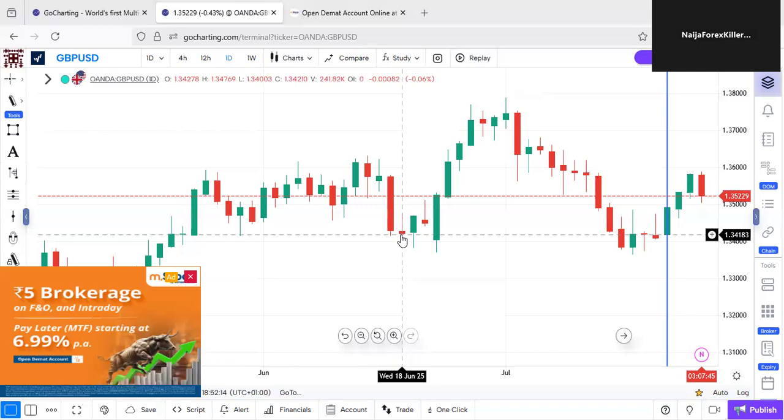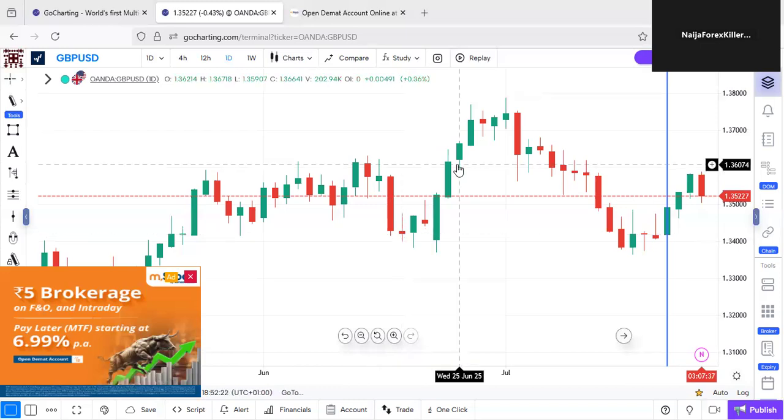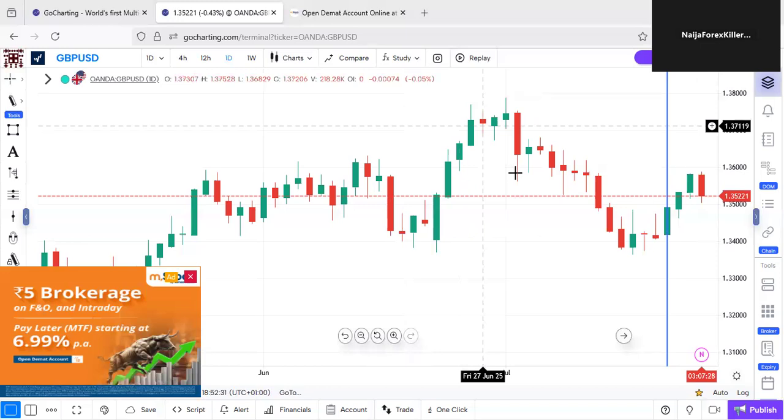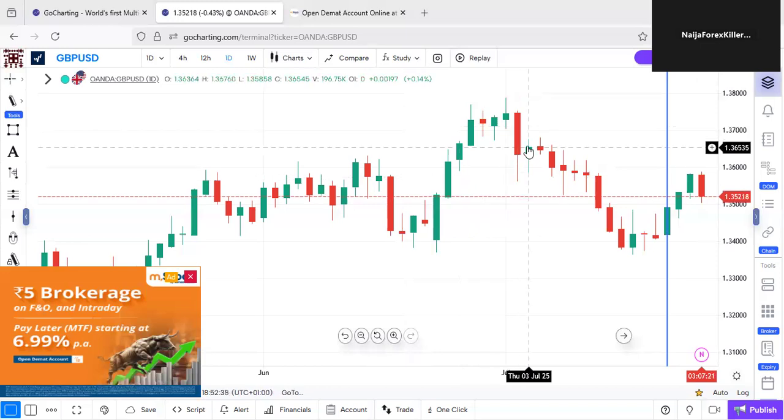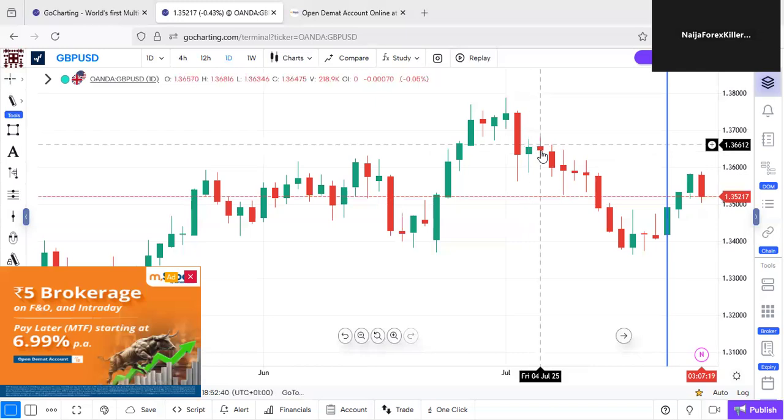So in these candlesticks, what you understand is that once you see a red candle, if it's the daily time frame that you selected, just know that for that day the market went down. Like this one, market went down. Here the market went up and closed. Here the market closed at a sell, which is down.